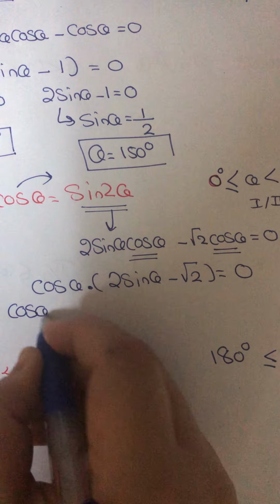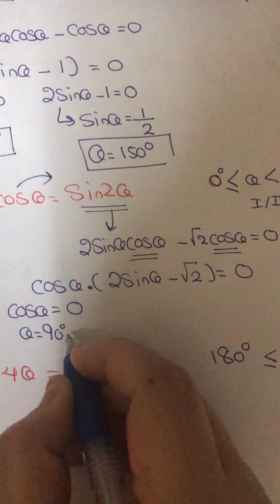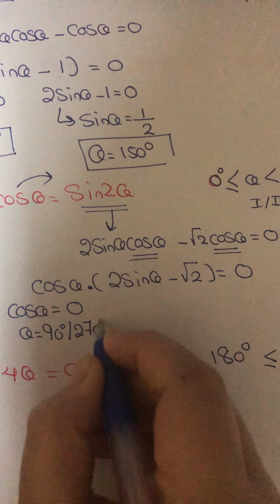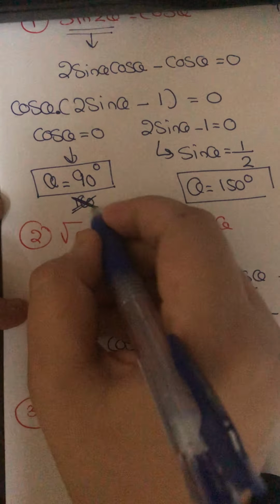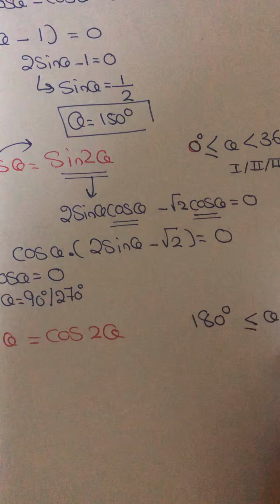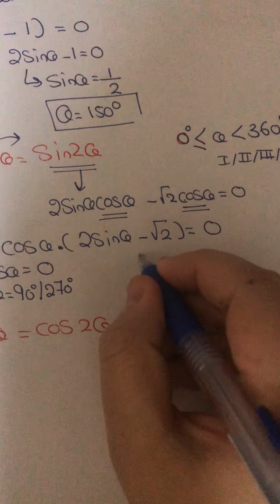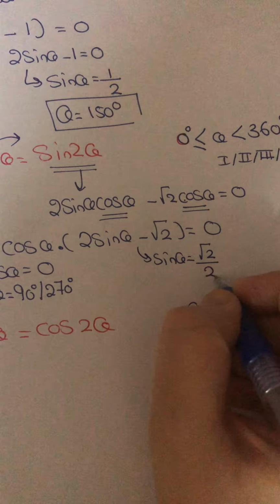Either cosine theta is equal to 0, which we just said happens only at 90 and 270 degrees. Over here I'm sorry, it wasn't 180 anyway, it was 270. Over here 90 and 270. And for this one, sine theta is equal to root 2 over 2.